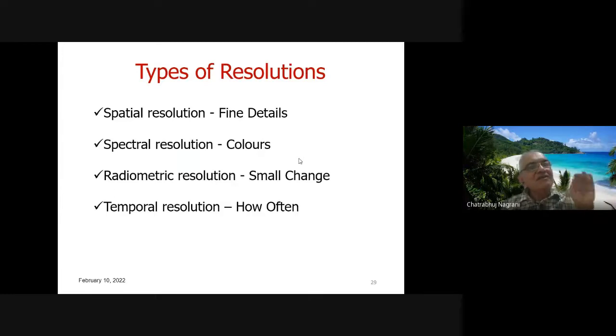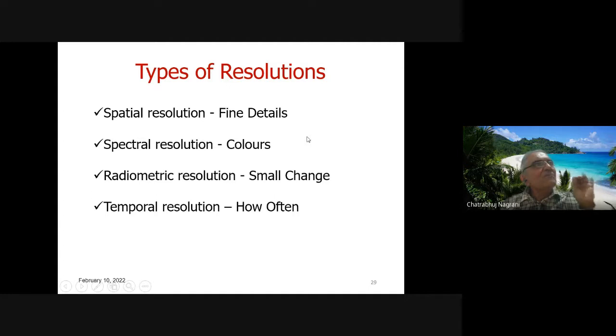Now, what are the types of resolution? Suppose I want to look at fine detail, then I will call it spatial detail. Suppose I want to look at, say, half a meter, 0.25 meter, 1 meter, 10 meter, 12 meter, or angular resolution. For a sensor, it is better to say 1 microradian, 0.5 microradian, 10 microradian, 50 microradian, 100 microradian.